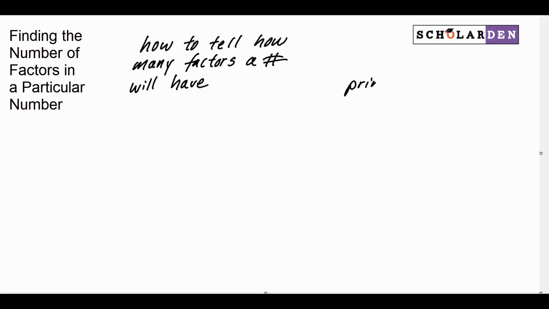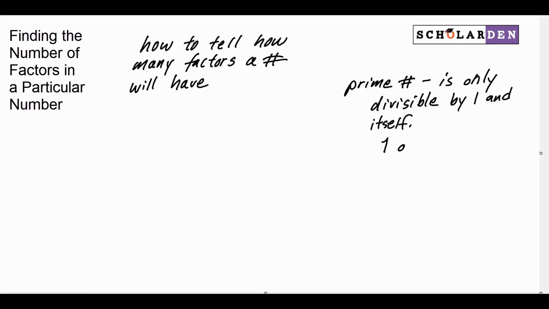So a prime number is a number that is only divisible by 1 and itself. You could also say 1 and the number itself are the only factors. That's another way to say that.